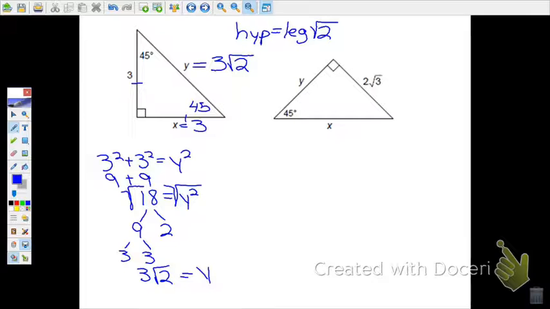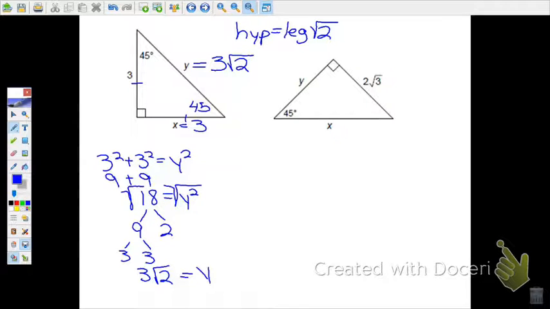Still got the same answer using the Pythagorean theorem. That was a lot of work that I had to do. If it's a 45-45-90 triangle, we can use this theorem, hypotenuse equals leg times square root of 2, rather than plugging it into the Pythagorean theorem.